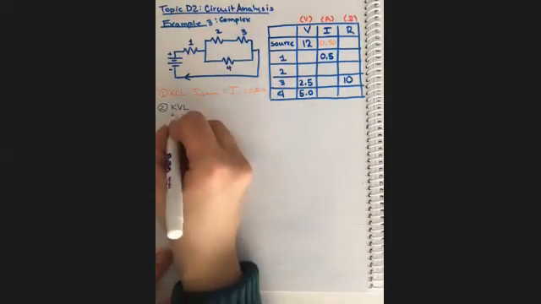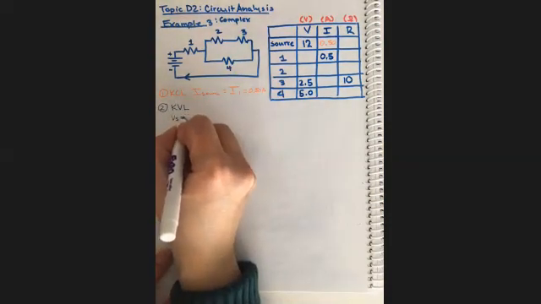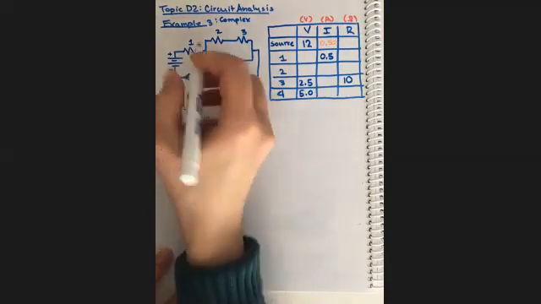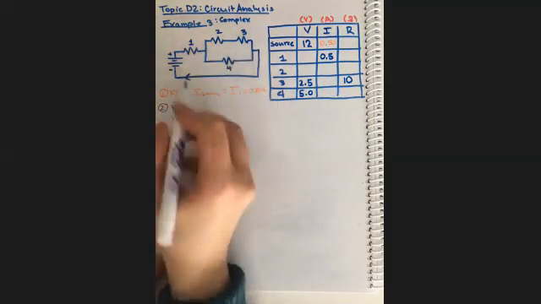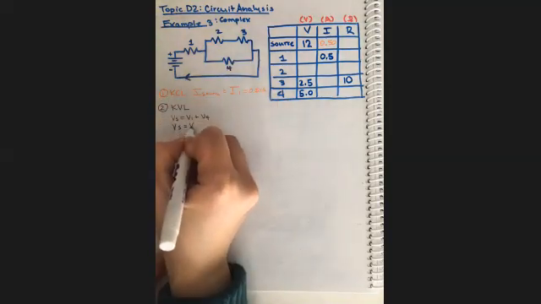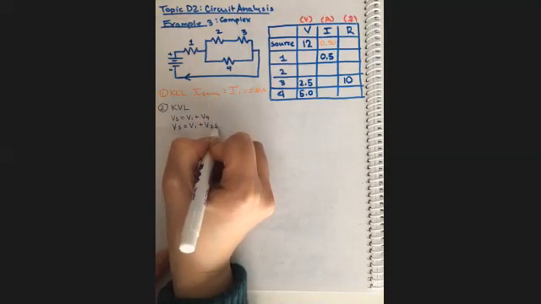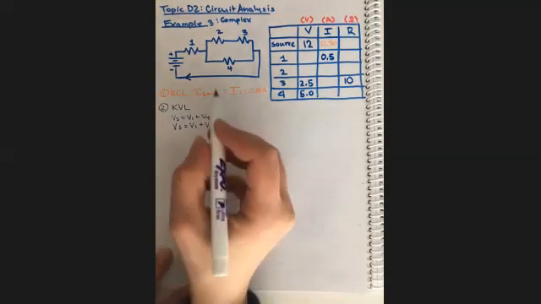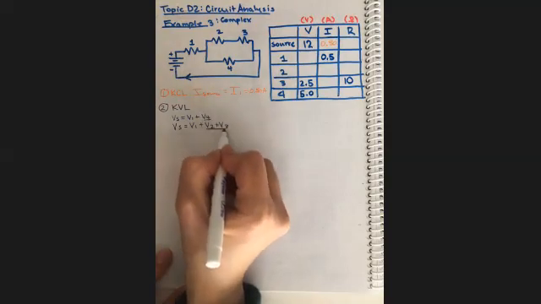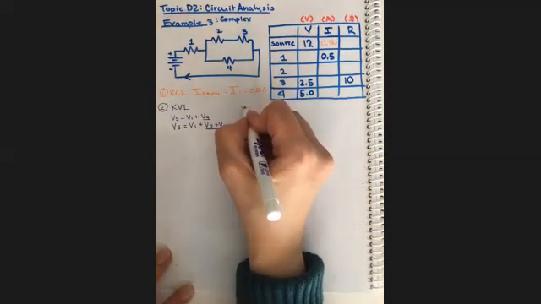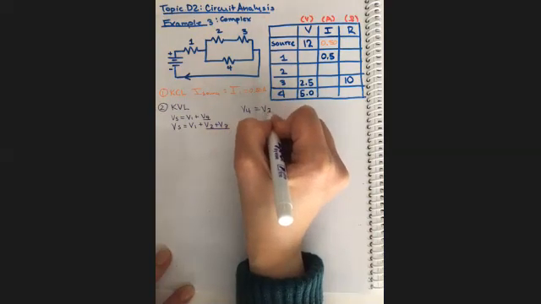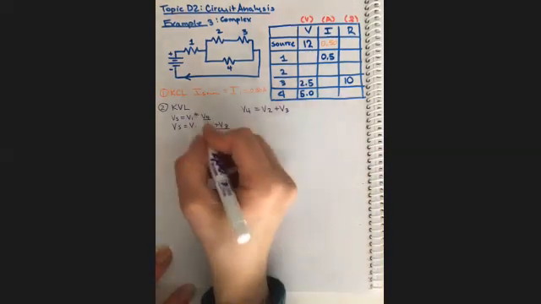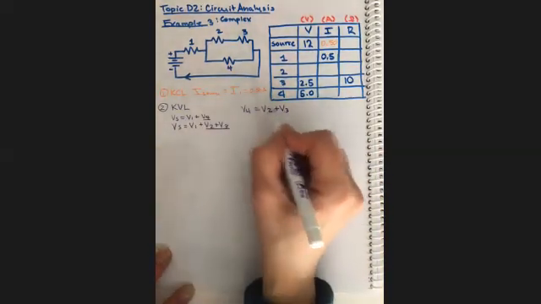And if you're wondering where does that come from, well, V source equals V1 plus V4 if the electrons take this path. V source also equals V1 plus V2 plus V3. And if these two statements are both true, then V4 equals V2 plus V3. So we can just shortcut to say V4 equals V2 plus V3. As long as you write KVL, you don't have to write it all out. You can just shortcut to the actual statement.